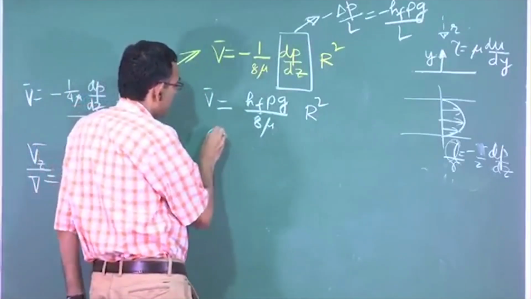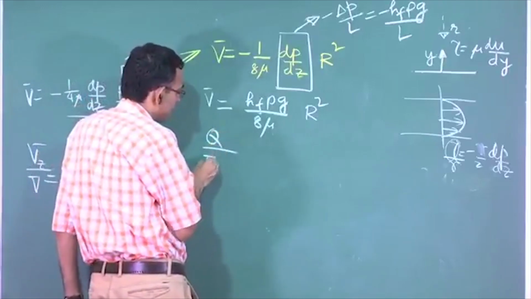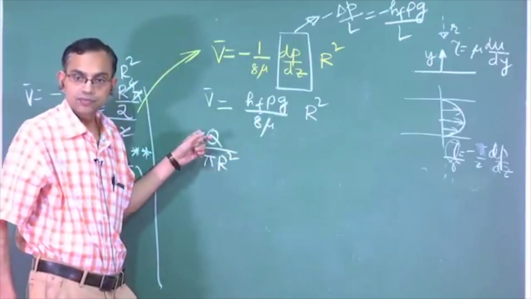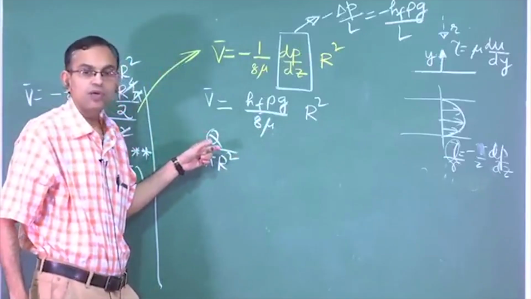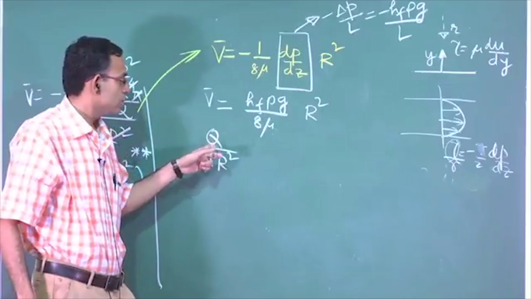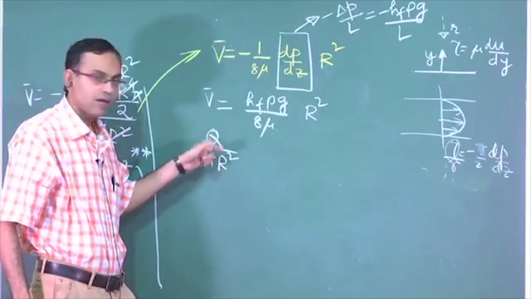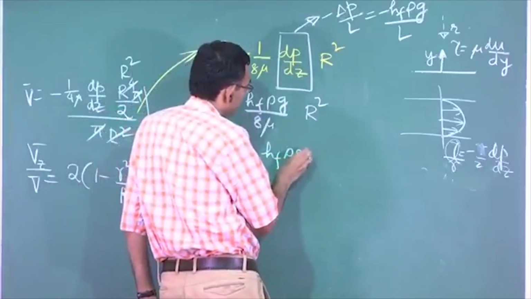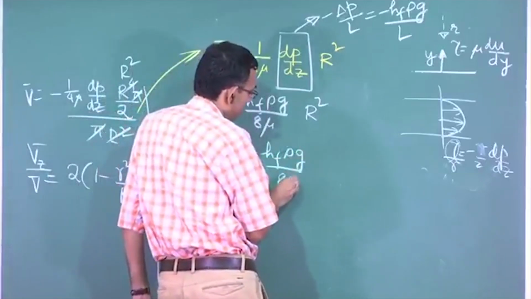So, V average you can write as q by pi r square, where q is the flow rate, the unit of q is meter cube per second. So, q by pi r square is the average velocity. So, this is HF rho g by 8 mu r square.